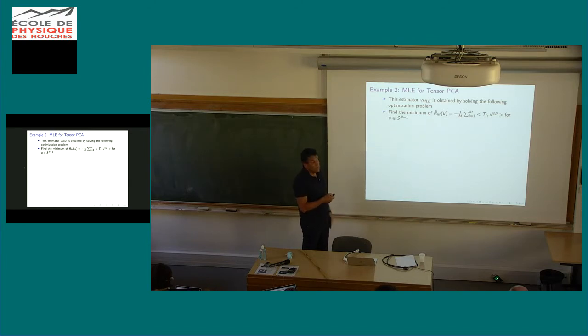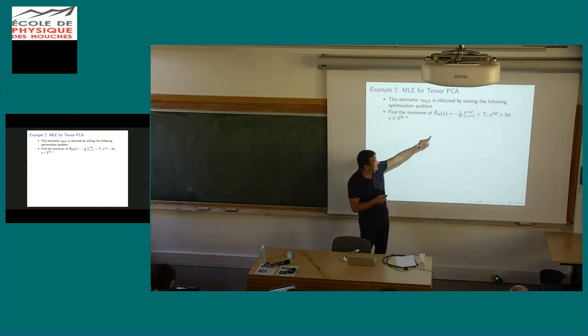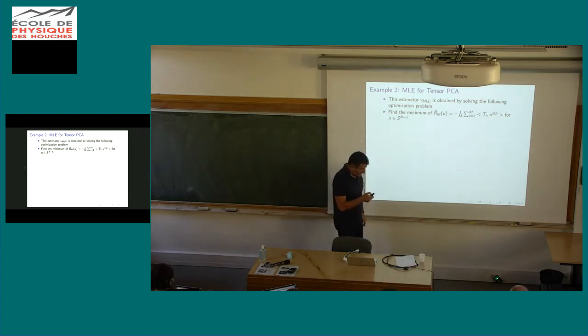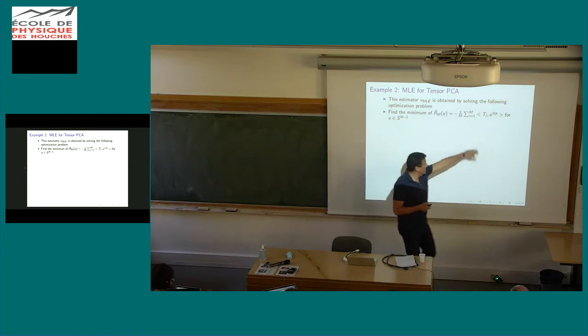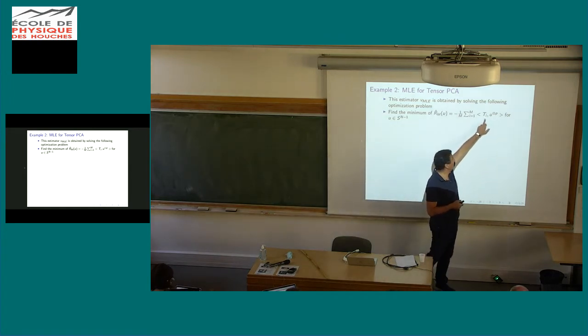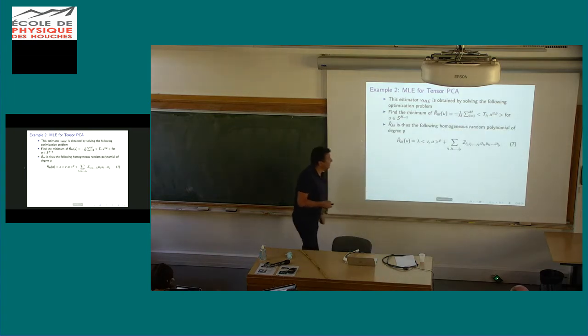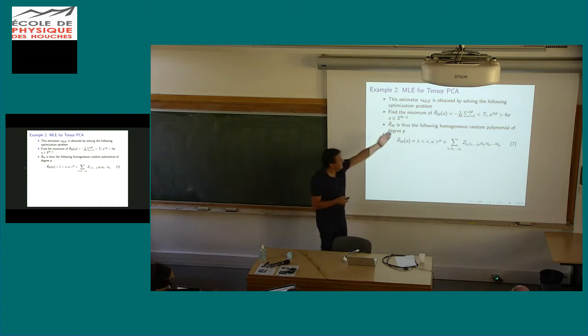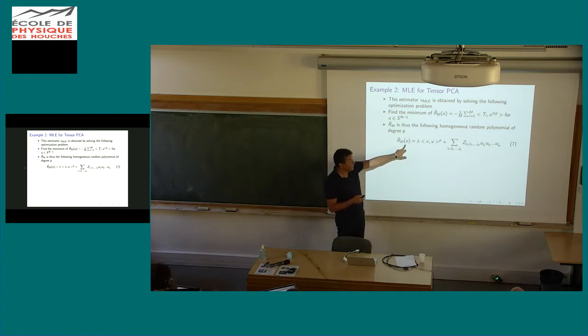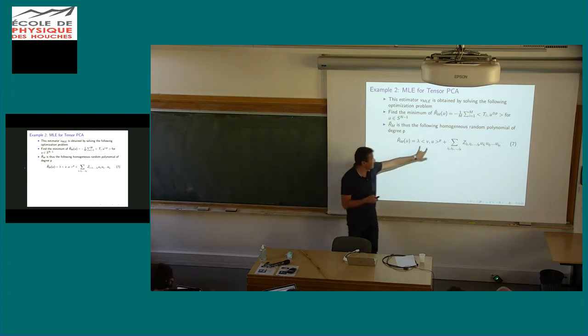So when you compute the MLE, the log likelihood, what you obtain is just this. Remember this U is the spike you're trying to find, and then you have these T_i's, which are your data. When you expand this, what you find is your empirical risk is this plus that.